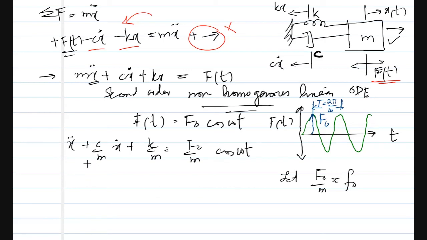And c over m, from your previous understanding, is written as 2 zeta omega n x dot, as we have done in free vibrations, plus k over m is nothing but omega n square x equals f naught cos omega t.